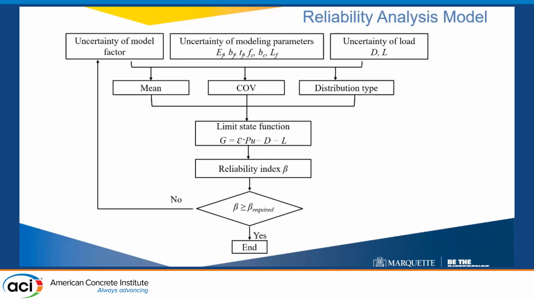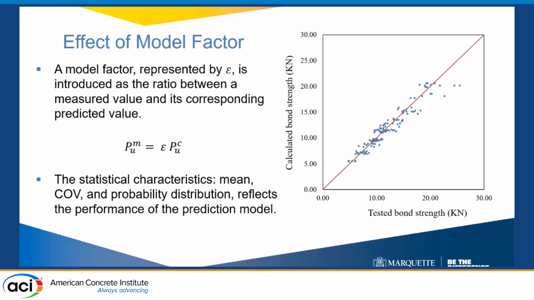Actually, for uncertainty groups number 2 and number 3, the modeling parameters and loading, researchers already did a lot of work about that, so we can directly get the data from the literature. But the first part, the model factor, not too many research groups focus on that. That's what we will do.